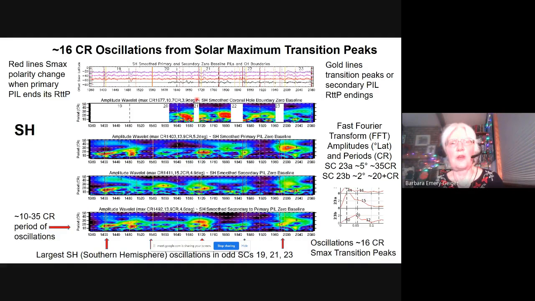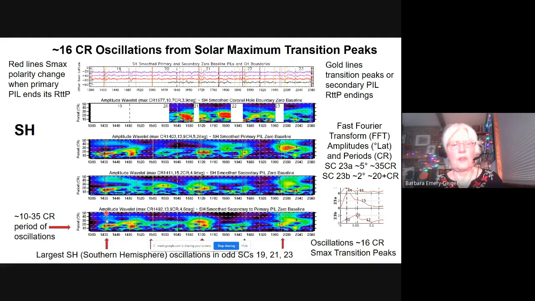We have an absence in the solar max period where we don't have any. All of these are the same value, so the red is the same in all of these plots. I do list the highest amplitude, which is 5.2 degrees in the primary, located right here at the 14 Carrington rotation period.